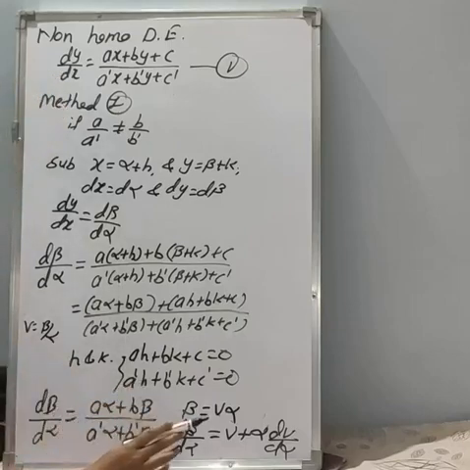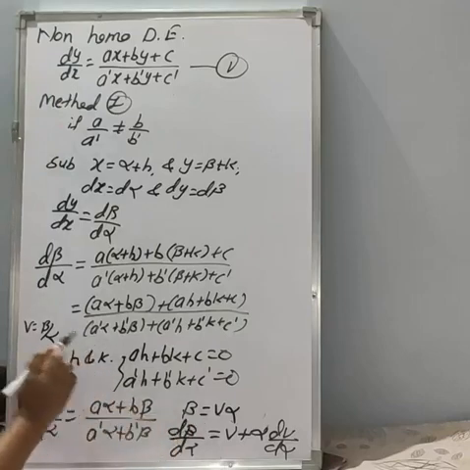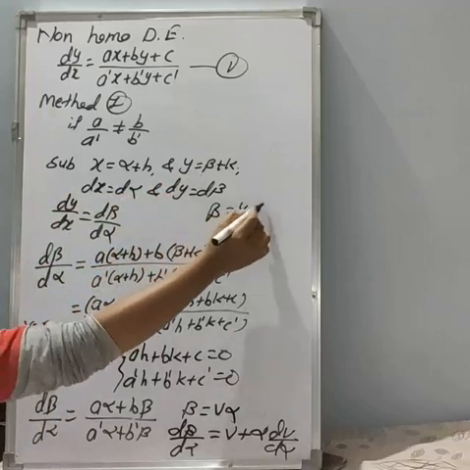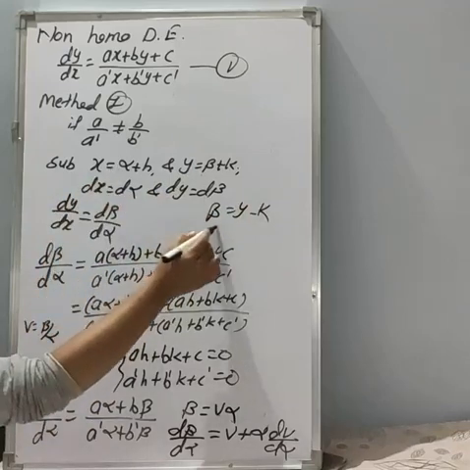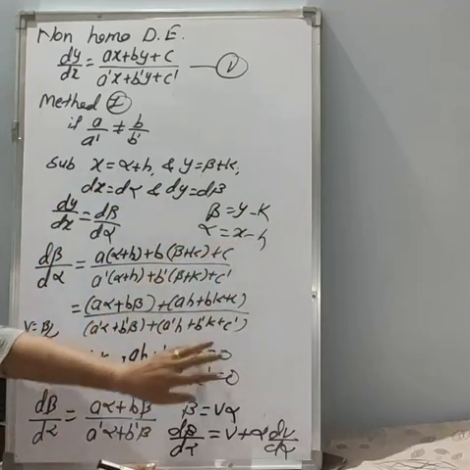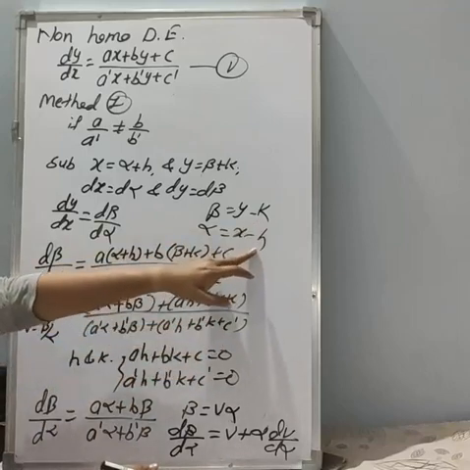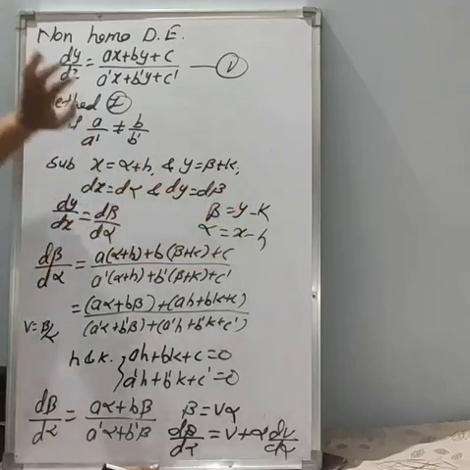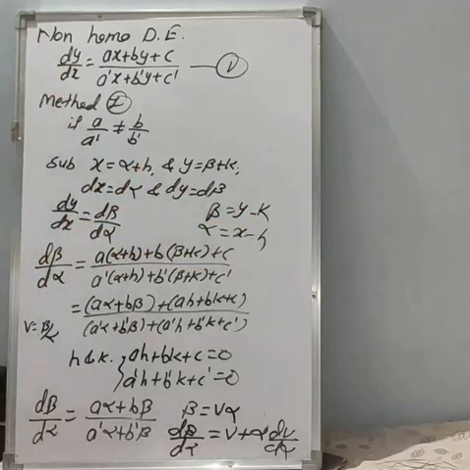After substituting v is equal to beta by alpha, substitute the values of beta and alpha: beta is y minus k, and alpha is x minus h. By solving the two equations we get the constant values of k and h; substitute them and you will get the solution in terms of x and y. So this is the method to find the solution of a non-homogeneous differential equation.